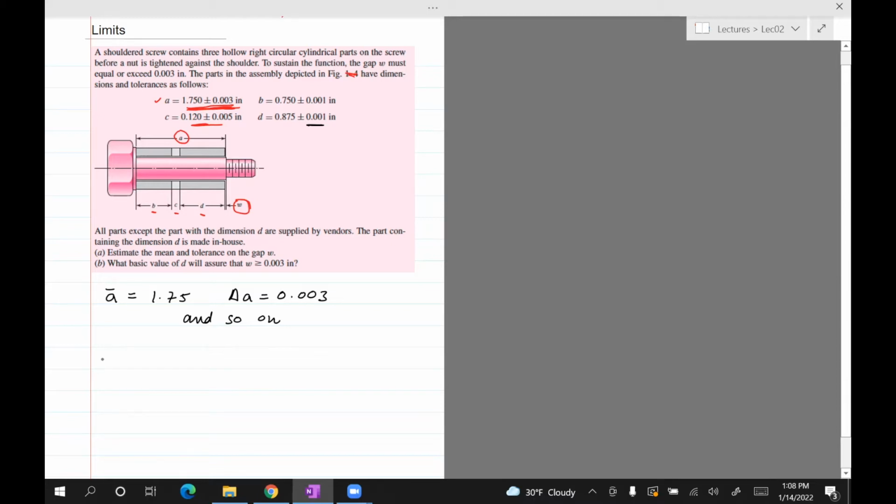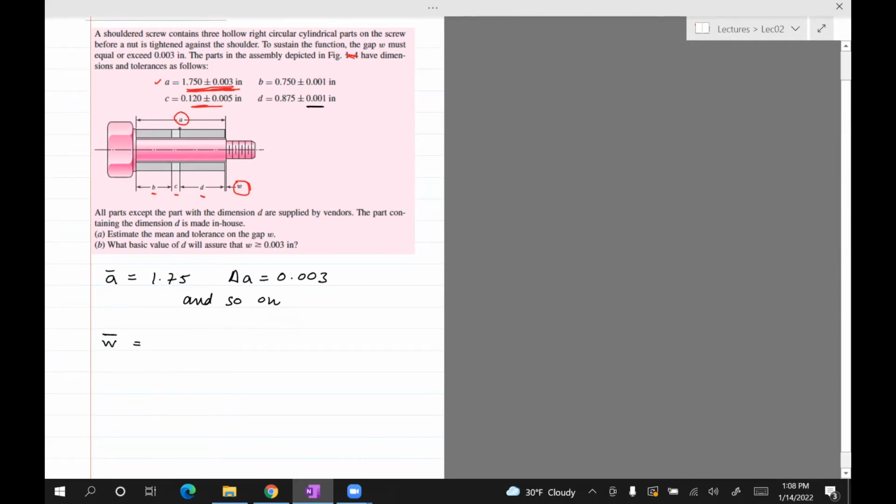Okay, so let's find the mean of W, and that's as simple as taking the means of the individual parts. Now you observe that A is over here, and in order to find W, you need to subtract B, C, and D from A, right?